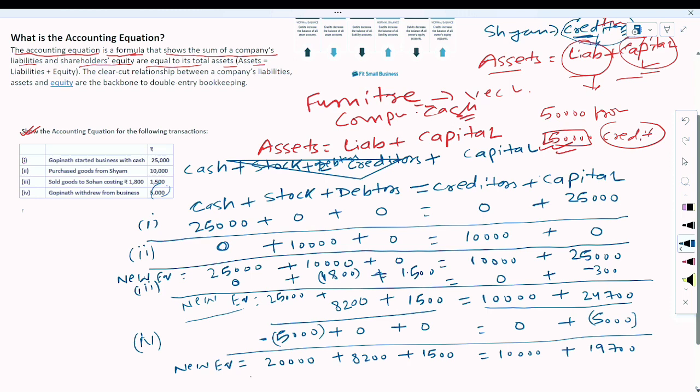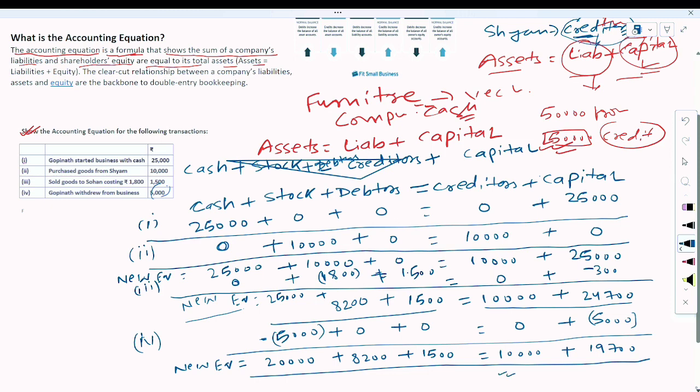There are no more transactions ahead, so this will be your answer. Now you can cross-verify whether LHS is equal to RHS or not. If LHS is equal to RHS, it means your equation is correct.